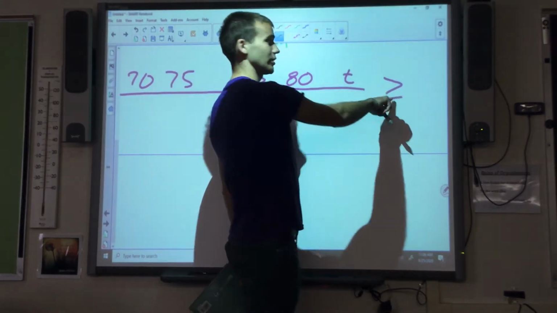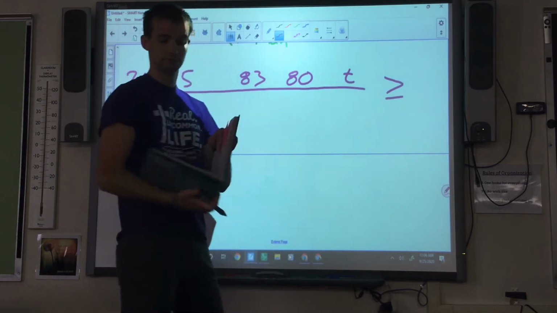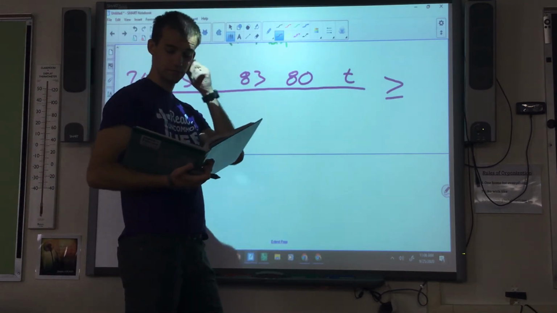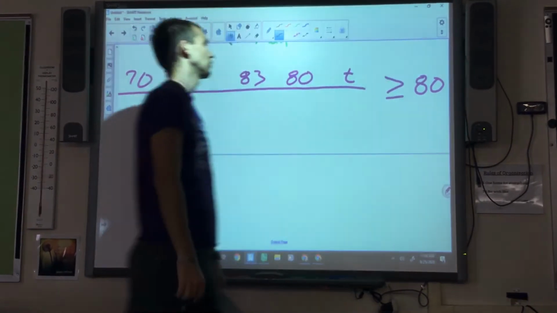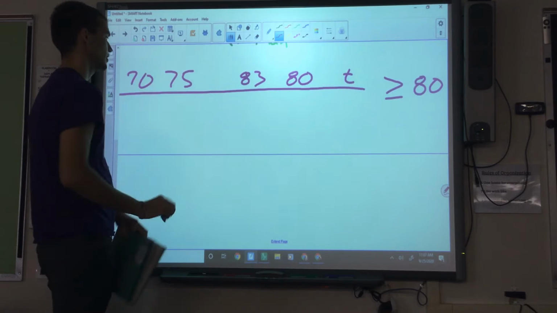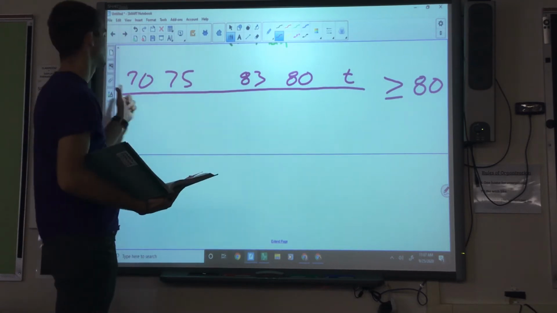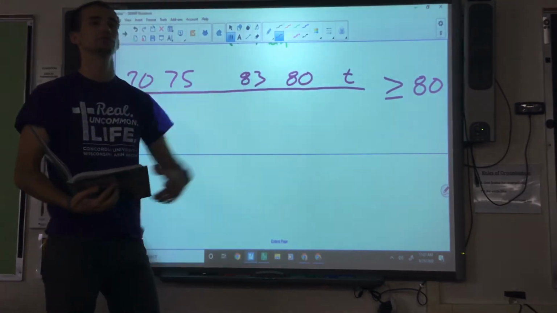Greater than or equal to then. Greater than or equal to what? 80. So what we're doing here is you have to find the average of all numbers, because it said the average of 70, 75, 83, 80, and t is greater than or equal to 80.